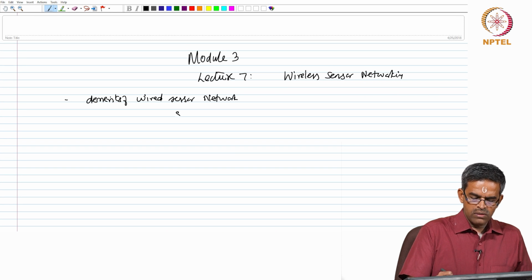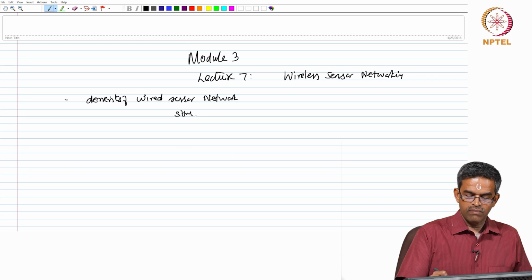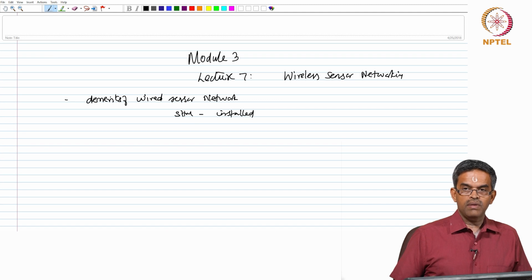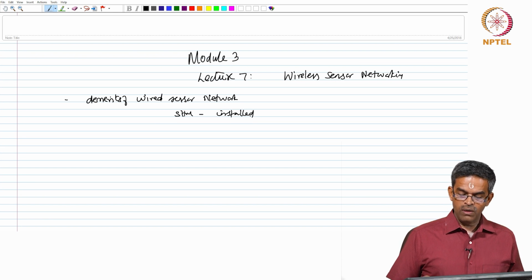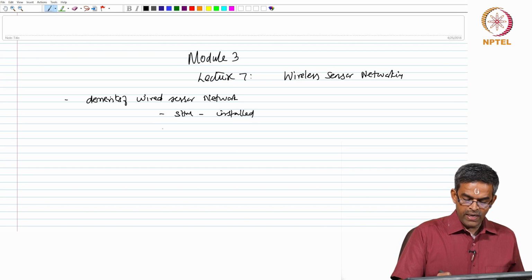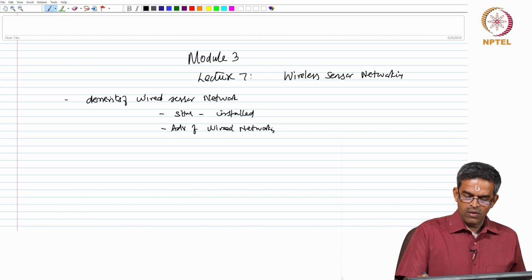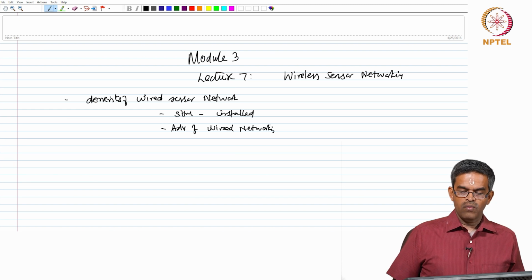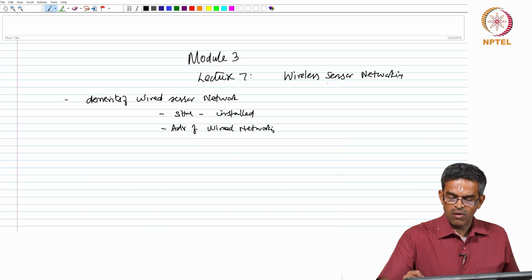Even though there are SHM processes which have been successfully installed in many public buildings and structures all over the world, and there are advantages of wired sensors or wired networking, still let us see what are those factors which necessitate the invention of wireless sensor networking.